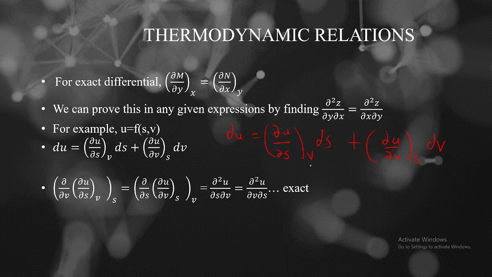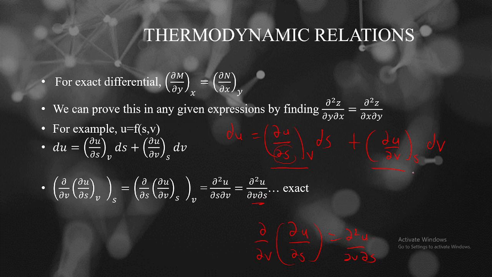Then if I want to check for exactness, I can take this part here. Initially I did it with respect to S, so I'll now do the whole expression with respect to V. So I'll have the del U del S, and I'm going to do it as del V, right? Initially it was with respect to S, and I want to do it with respect to V. So I'm going to have my del 2U del V del S, which we can see over here.